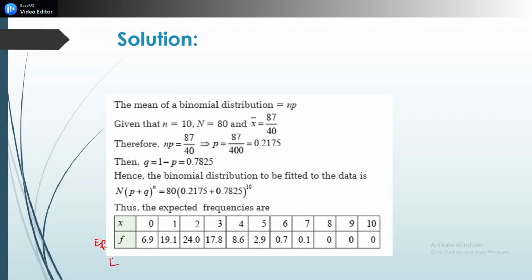Expected frequency is equal to the multiplication of the number of sets, capital N, times the probability distribution.